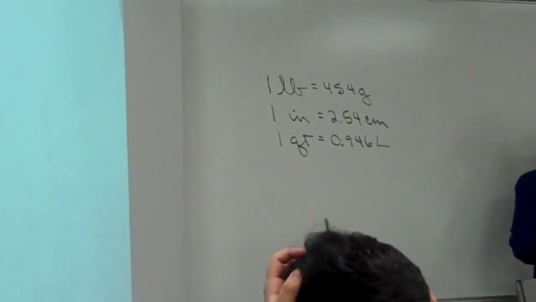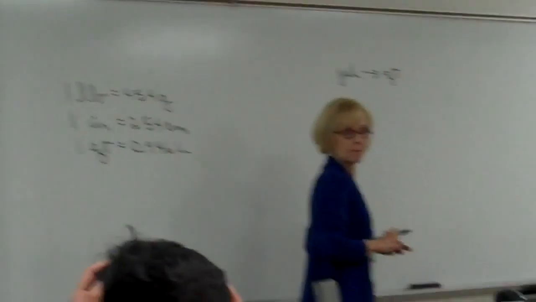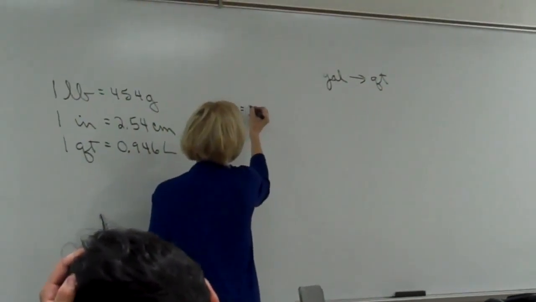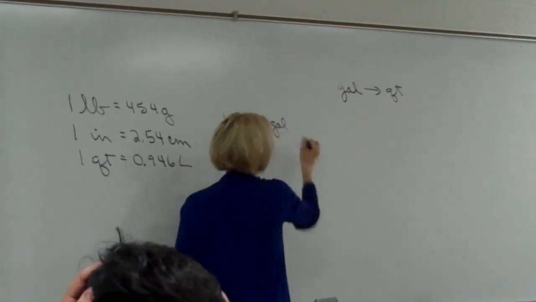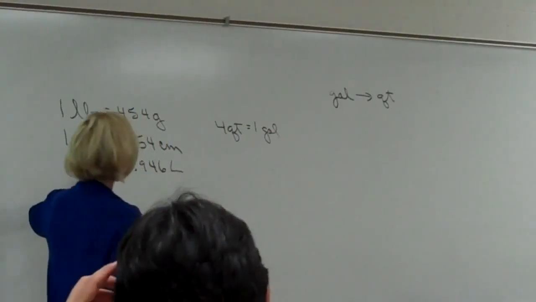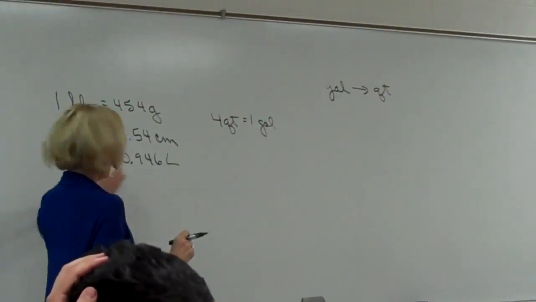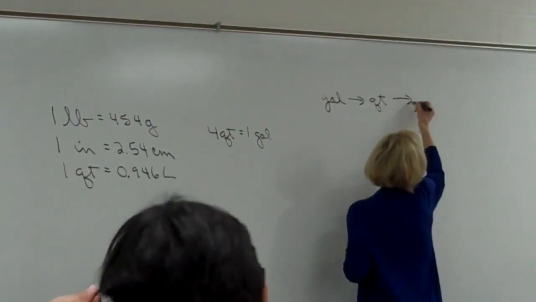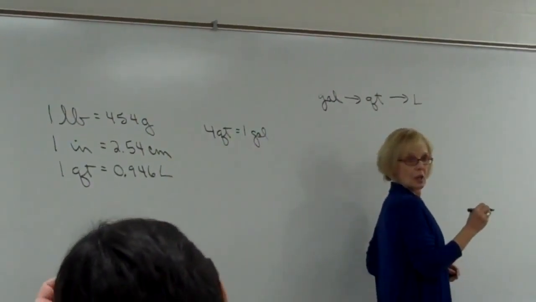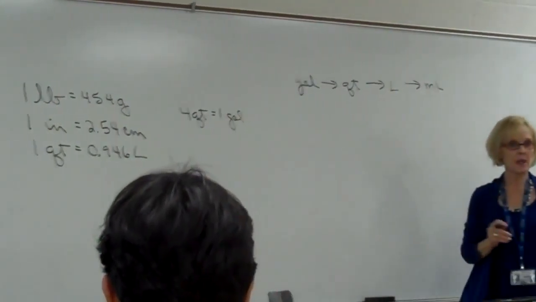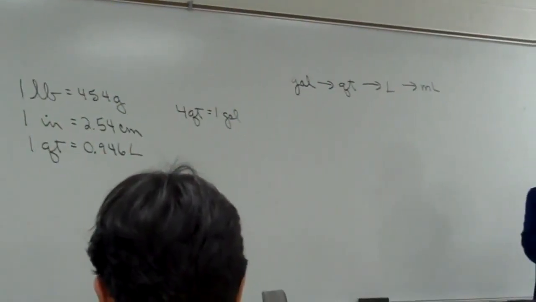We could change that to quarts, couldn't we? And if you don't know that 4 quarts equal 1 gallon, that's what I would supply for you. If I have quarts, if I've memorized this, I can get us to liters. And if I have liters, I can get us to milliliters, where we want to go.